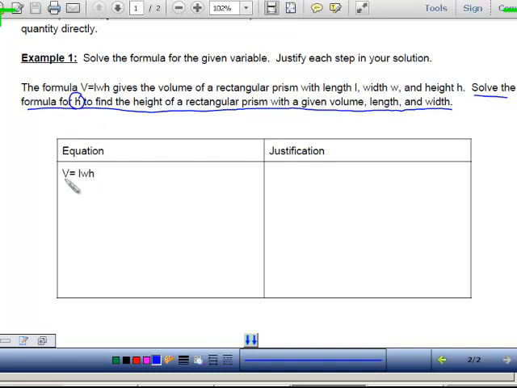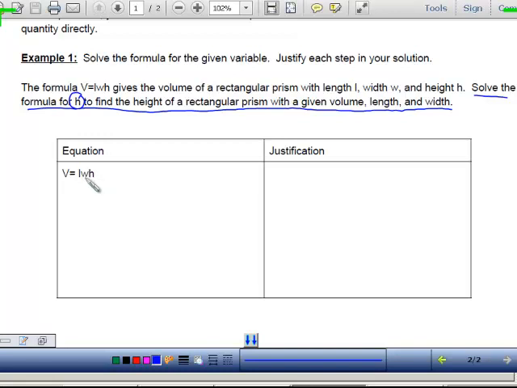Well, if you look here, volume equals length times width times height. We're solving for height. Well, if we want to get height by itself, we have to do an inverse operation to get H by itself.